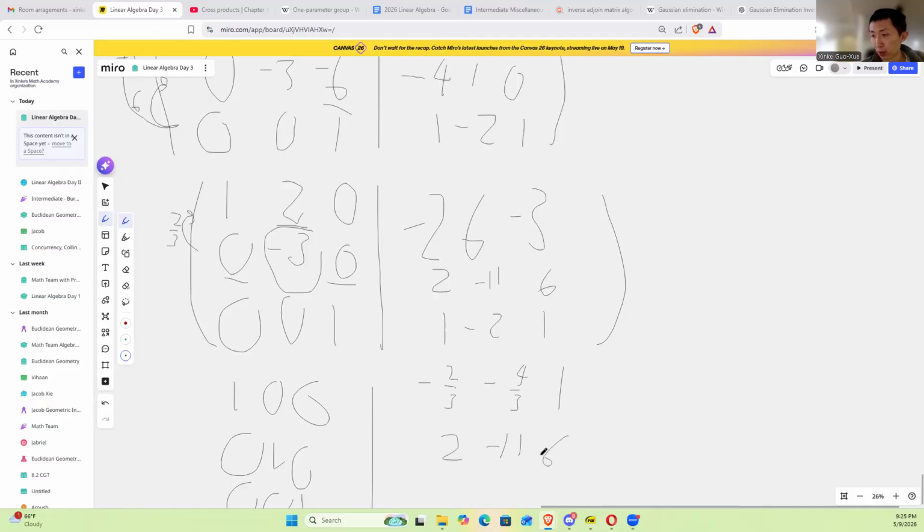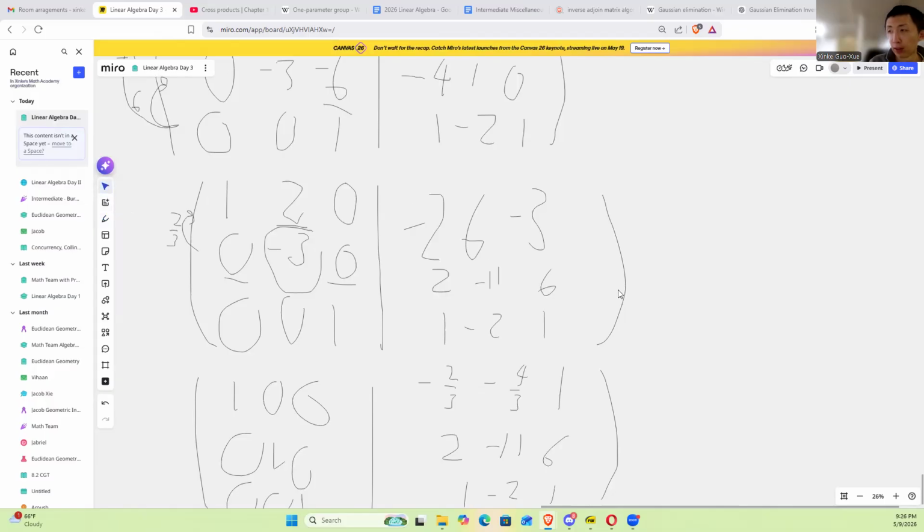Assuming I did all my calculations right, the matrix on the right should be the inverse of the matrix we start out with. So what is it that we're actually doing?